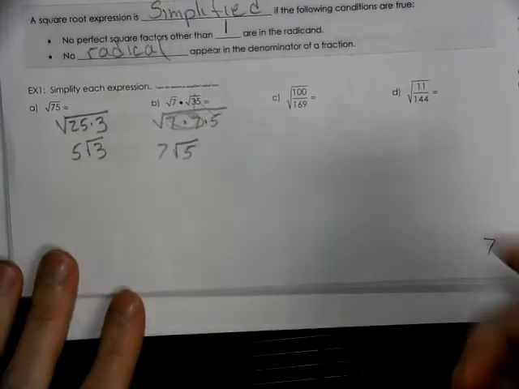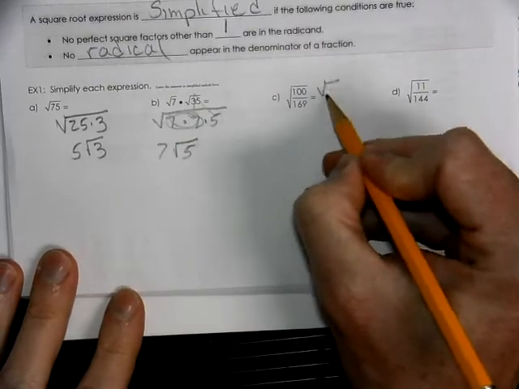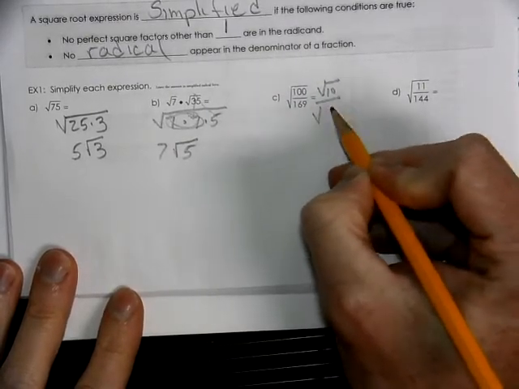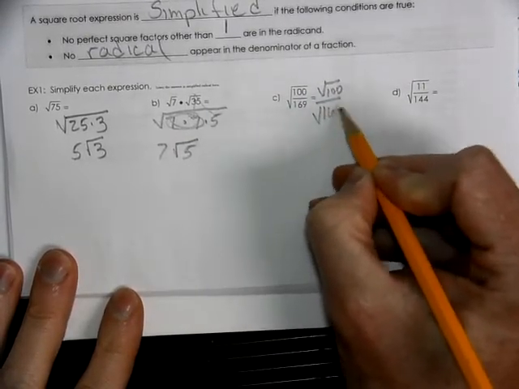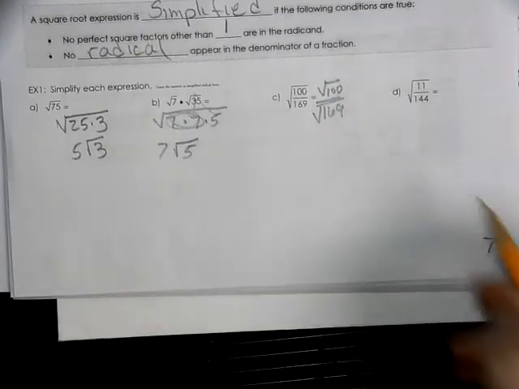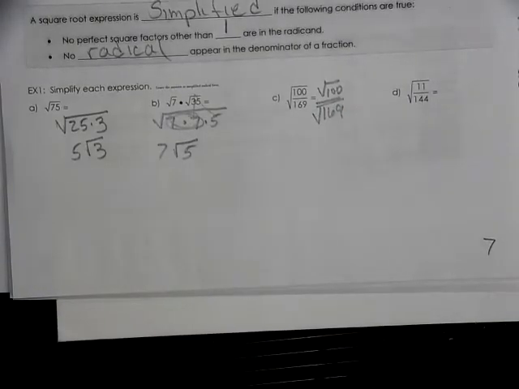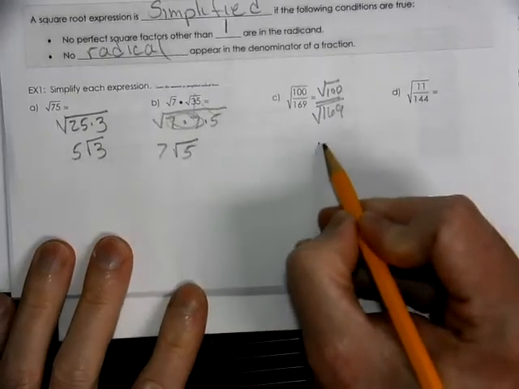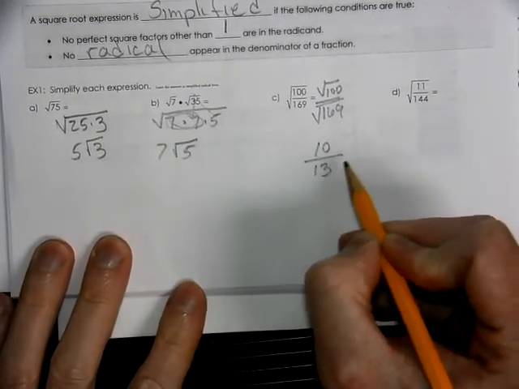With our fraction, we can break this into 2 smaller fractions. So the square root of 100 over the square root of 169, well, that's 10 over 13.